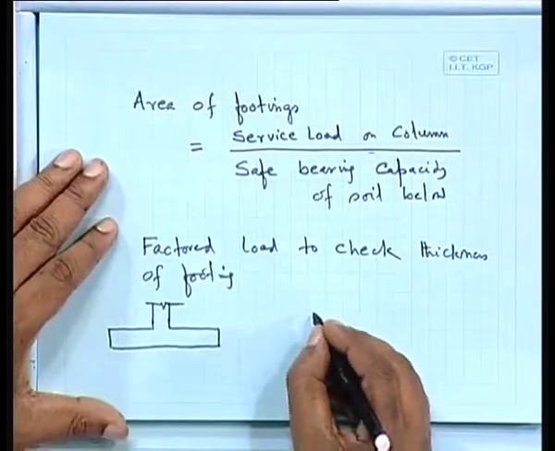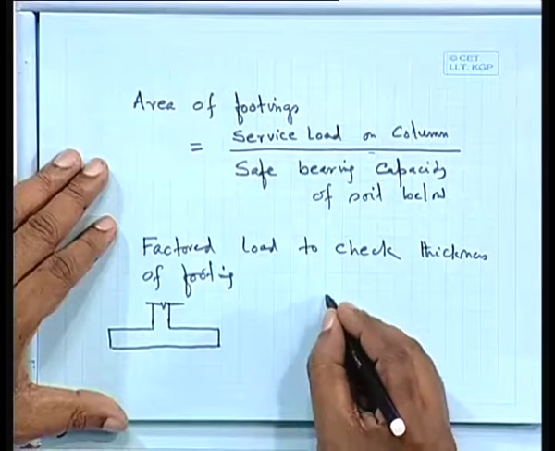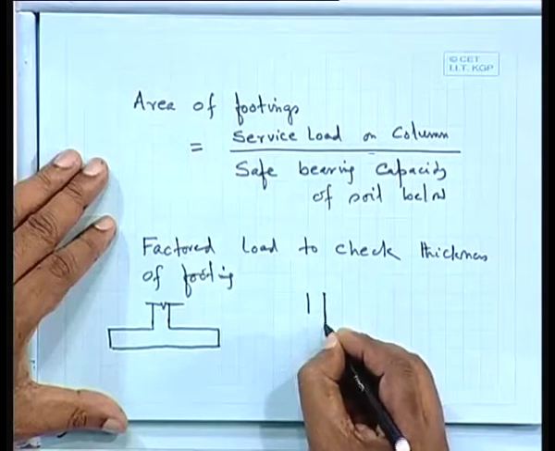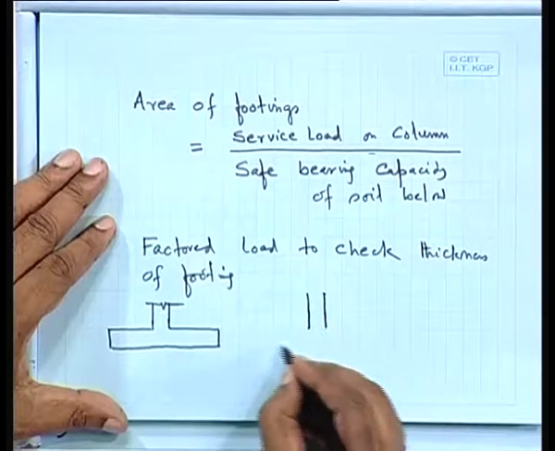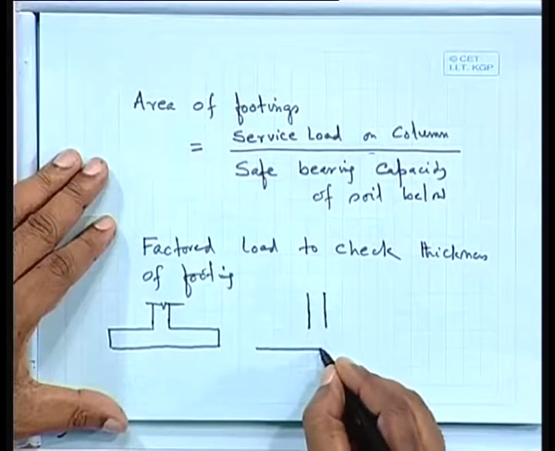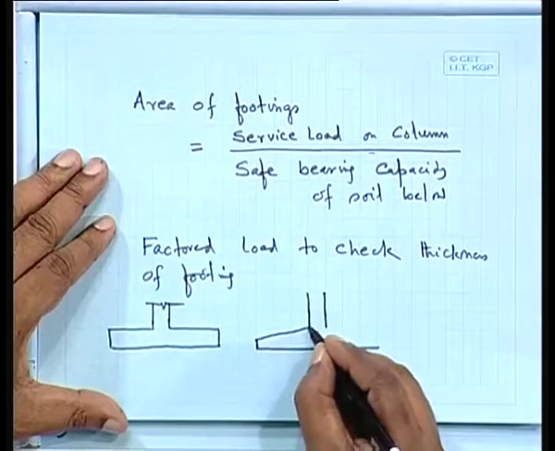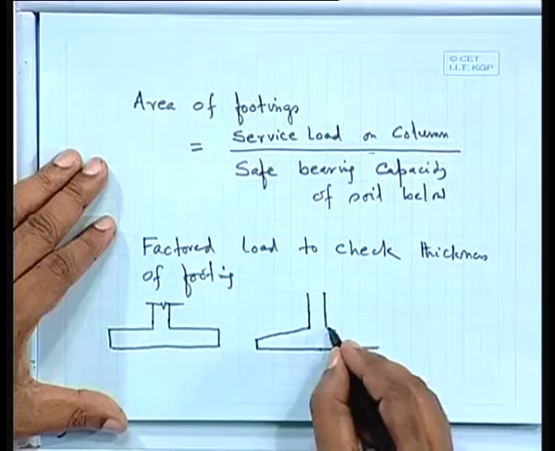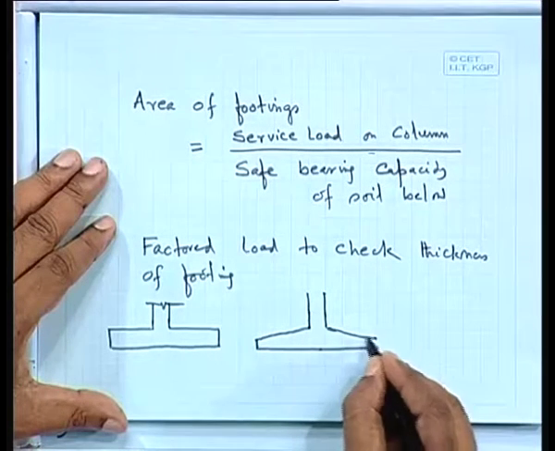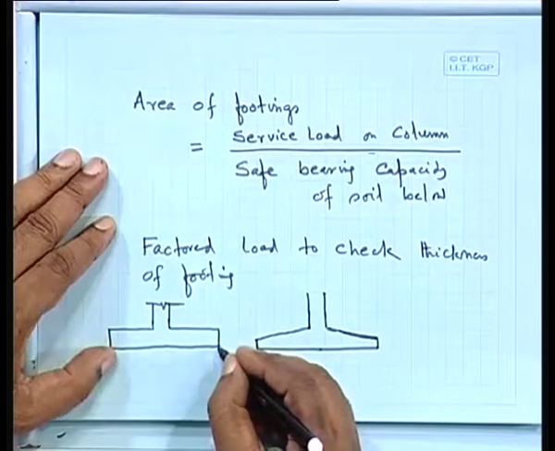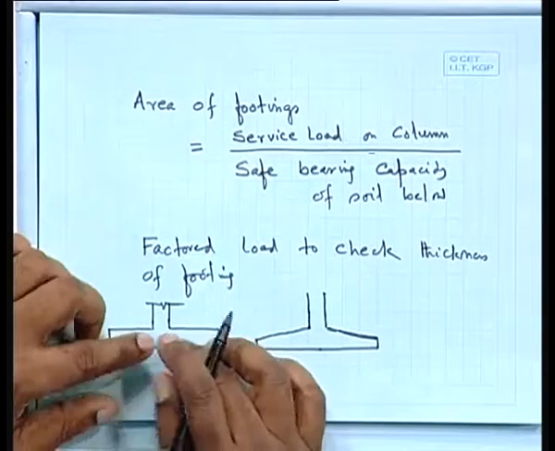It is also possible to make it sloping, because I know that here the bending moment is 0, because after all it is a cantilever one.